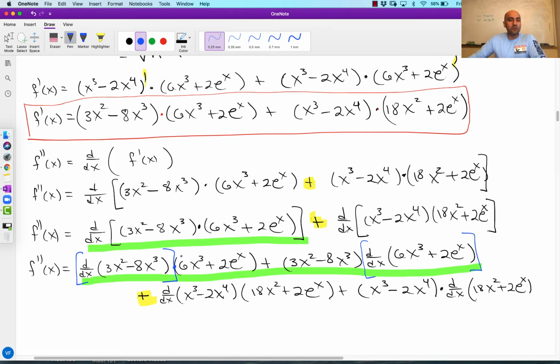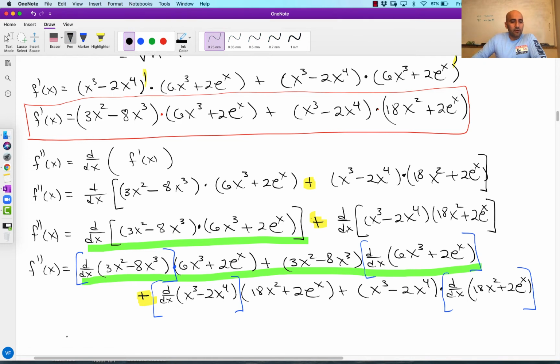Right, so we're taking turns with the derivatives, adding them together. And then plus the derivative of the second, we apply the product rule once again. So it's going to be the derivative of that first function times the second function plus, now leave the first function alone, times the derivative of the second function. Fun.